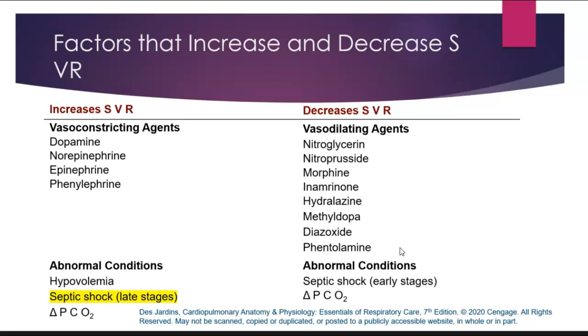Primarily, late stage septic shock is going to cause changes to the systemic vascular resistance and potentially increase it. And then you have your vasodilating agents that are going to decrease it. Nitroprusside is one that decreases the afterload on the left side of the heart, which is reflective of your systemic vascular resistance.